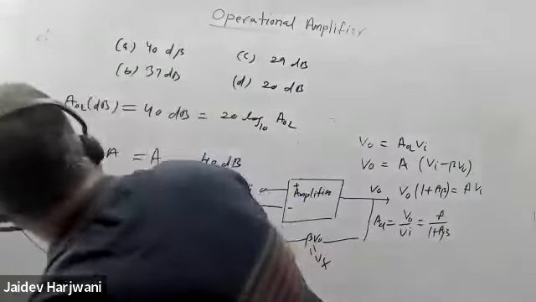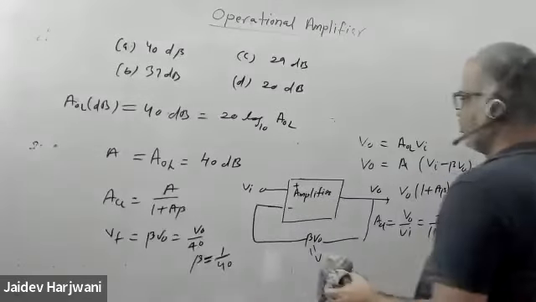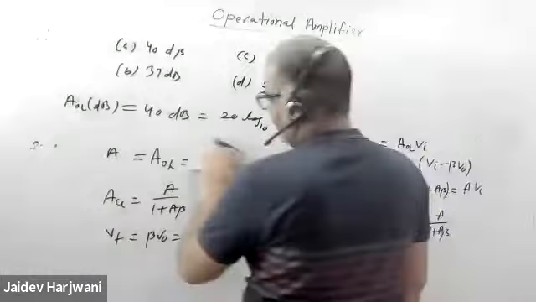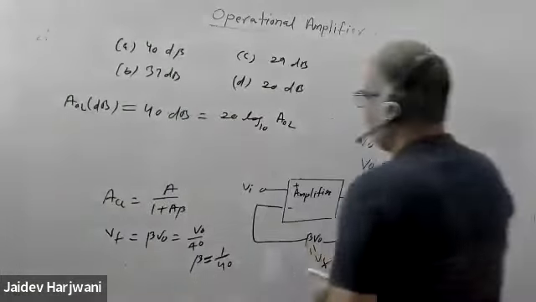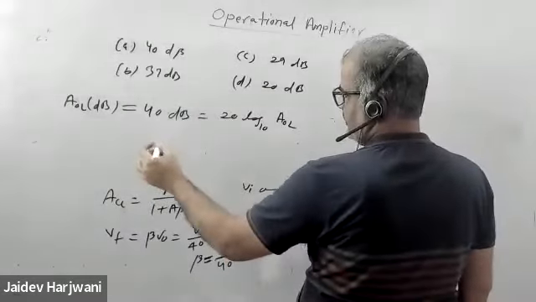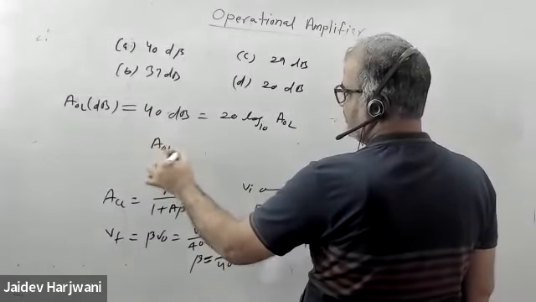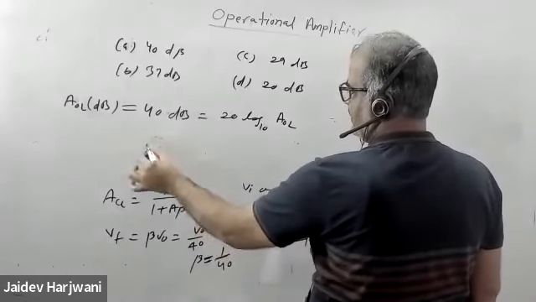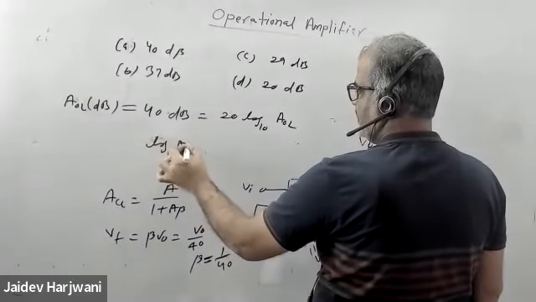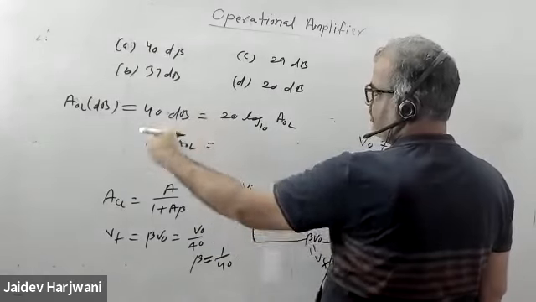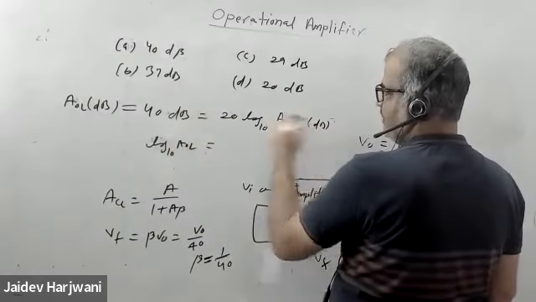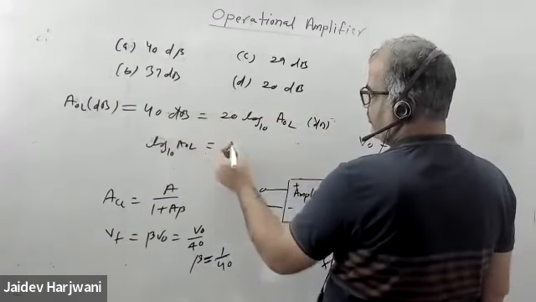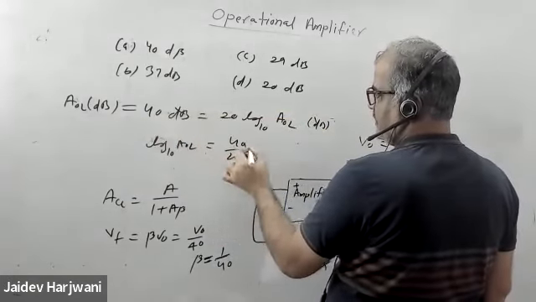In numbers, this is basically the ratio V naught upon V input. So I can now find the value of AOL. Log10 AOL will simply be 40 divided by 20, the dB cancels, that is 2.